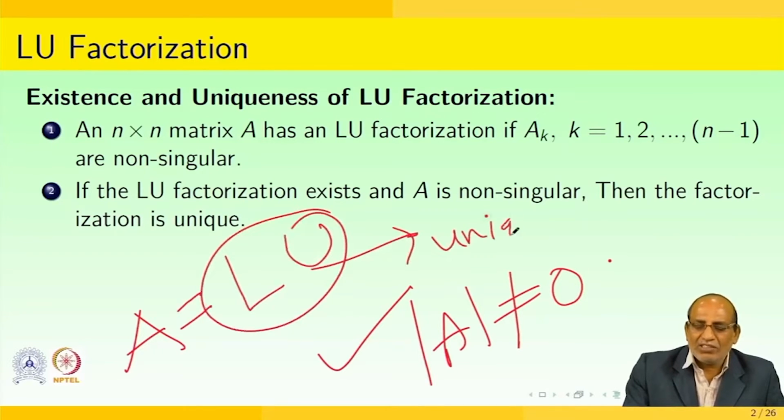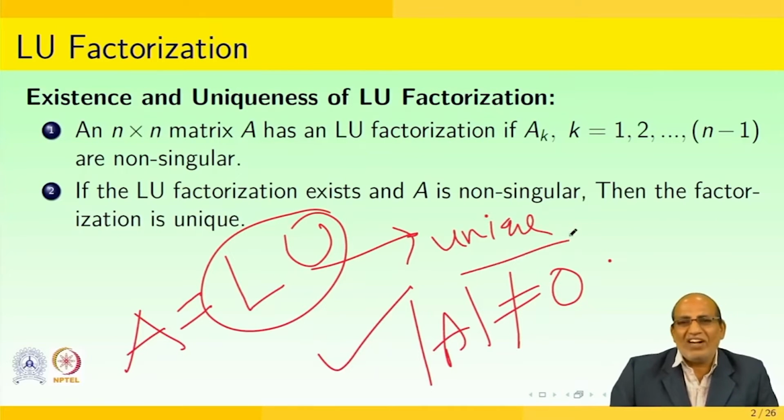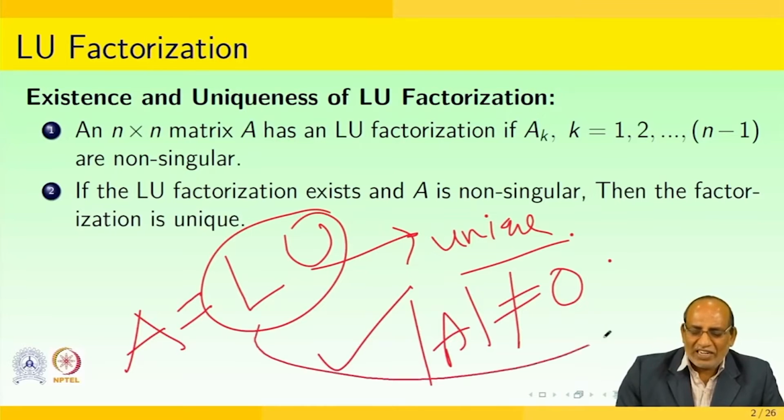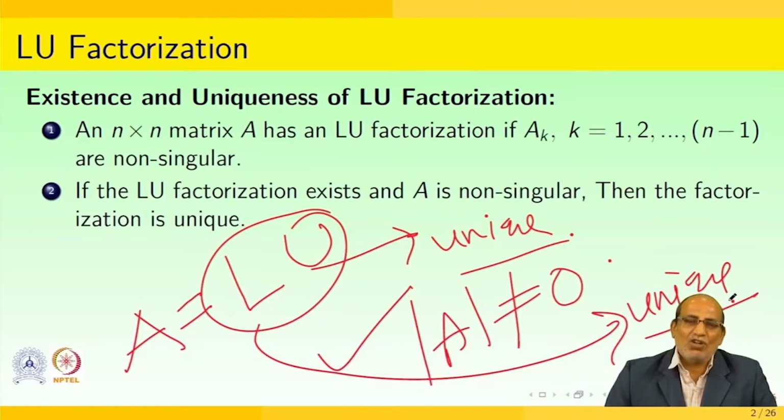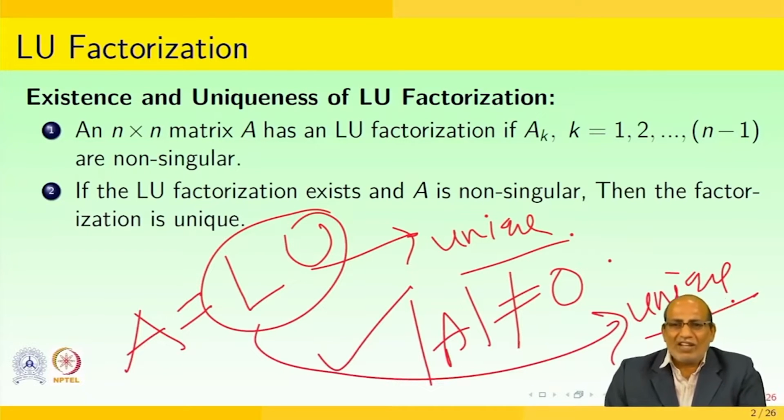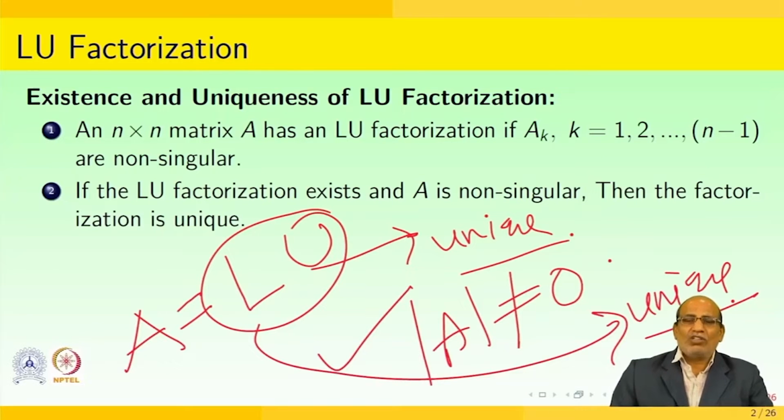That means we cannot have two different L and U. So the idea of factorizing A into two matrices L and U is that we can find the solution in a much better way, avoiding the difficulties we get when we solve the system AX = B directly.